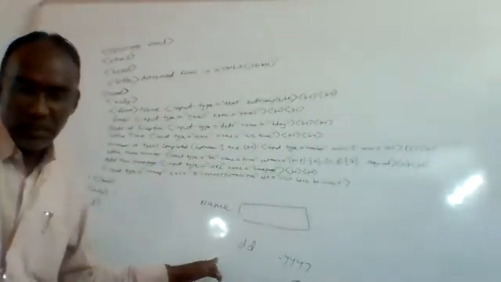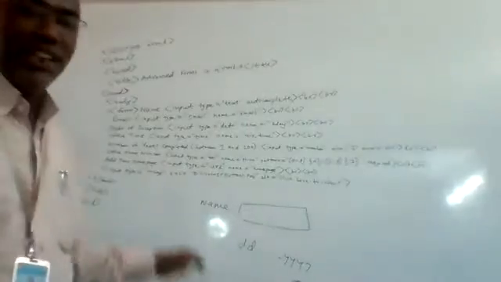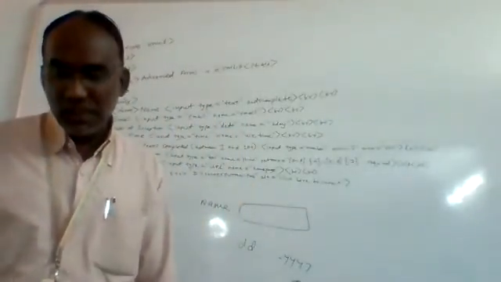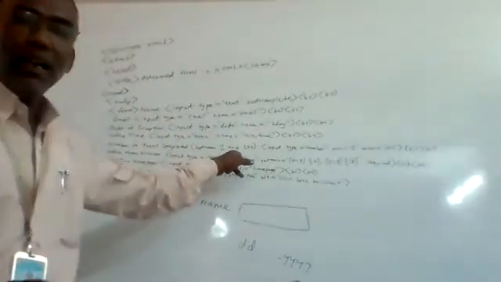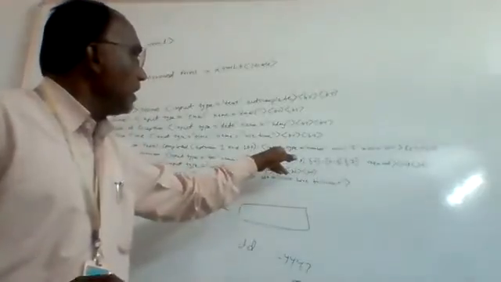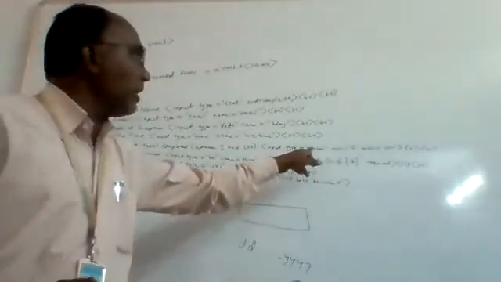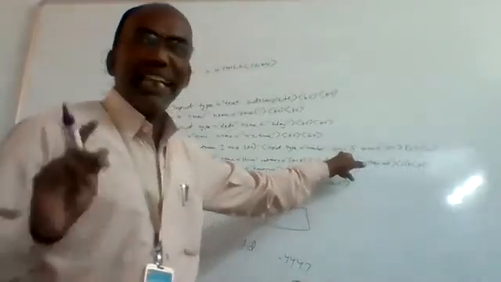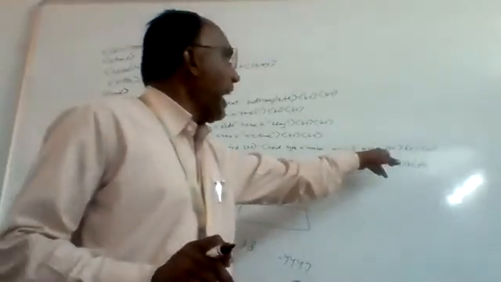Then next, number of years completed, between 1 and 100. Now here we are using the input type number, and we are validating through the attributes min and max.